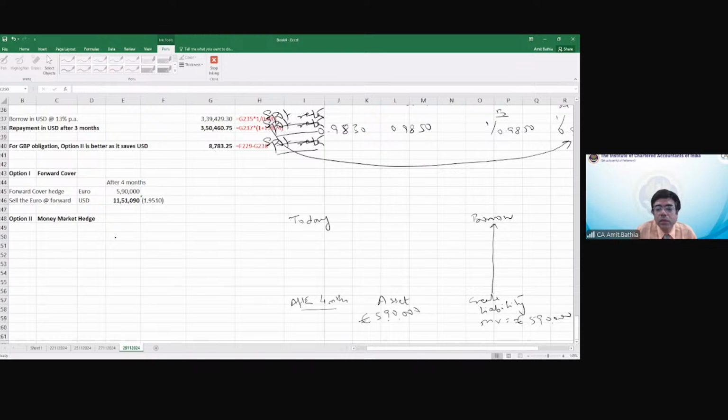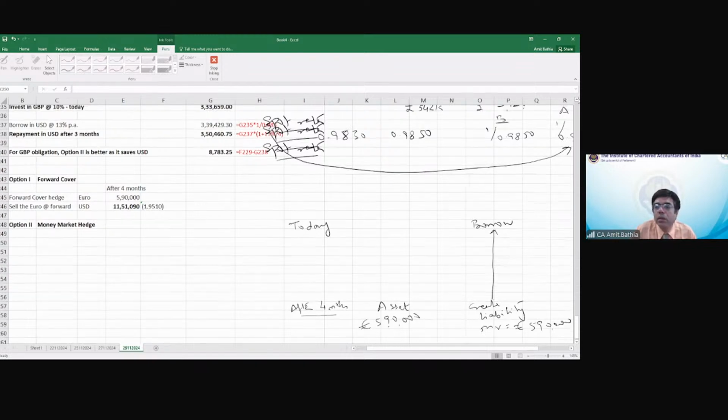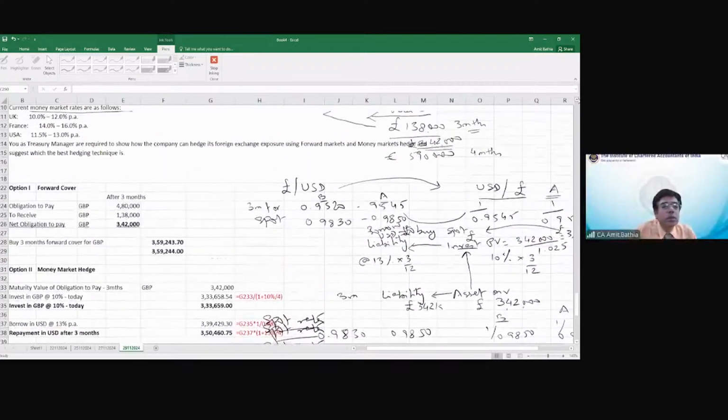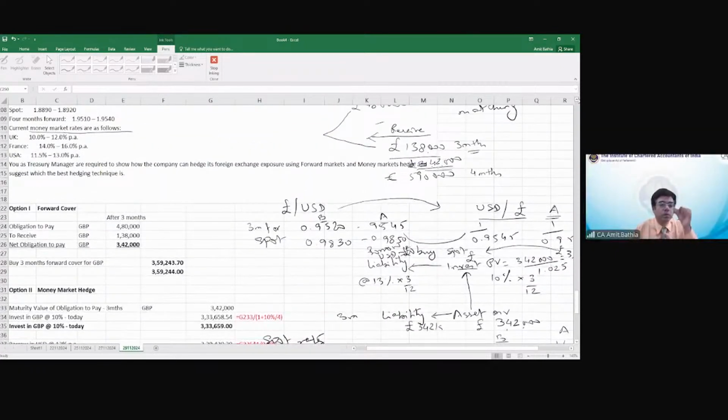Can you scroll up for a bit, sir? Now UK is no more in the picture, so it is only France and USA. 16% borrowing rate.